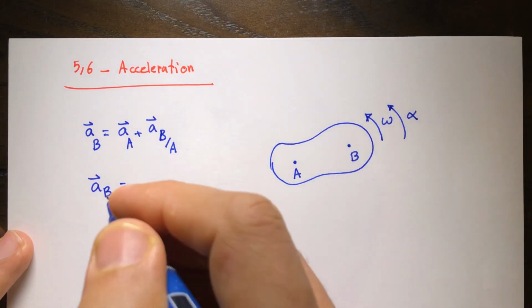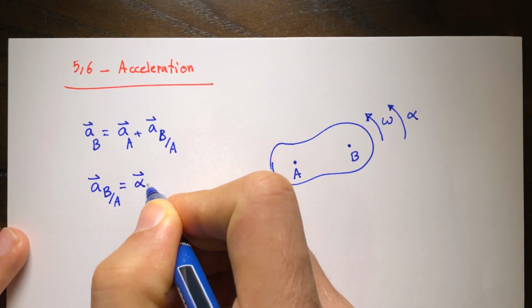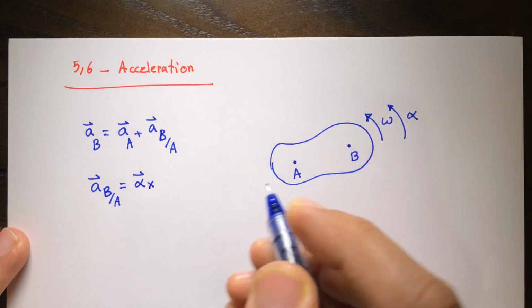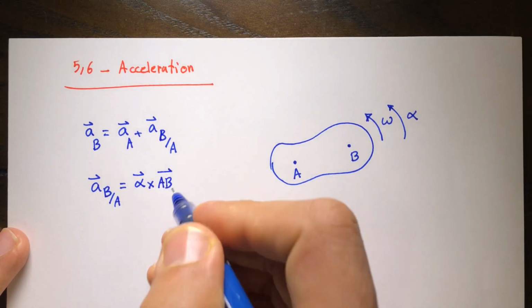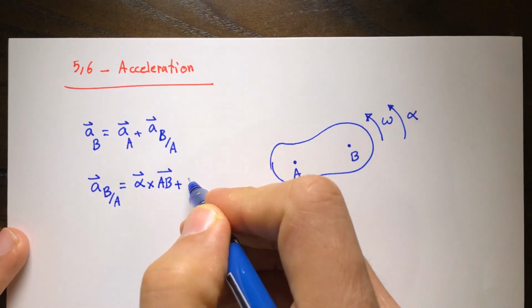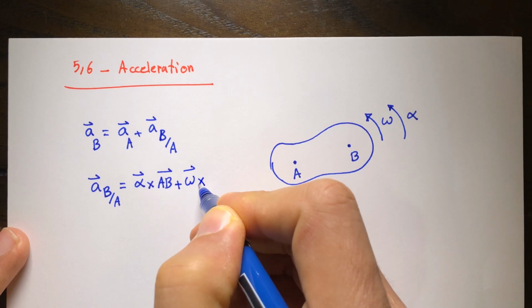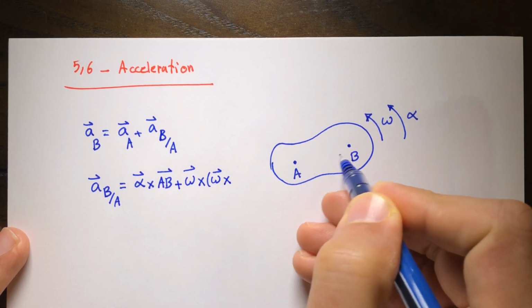The tangential part, which is alpha cross r, or AB here, and also the acceleration in the normal direction, which was omega cross omega cross r, which is AB here.